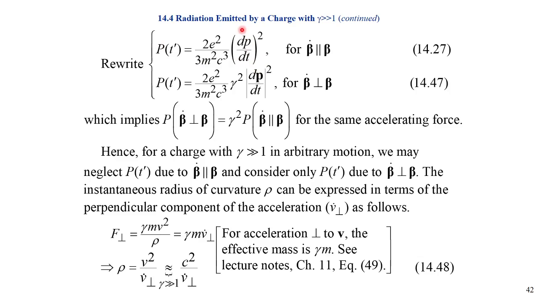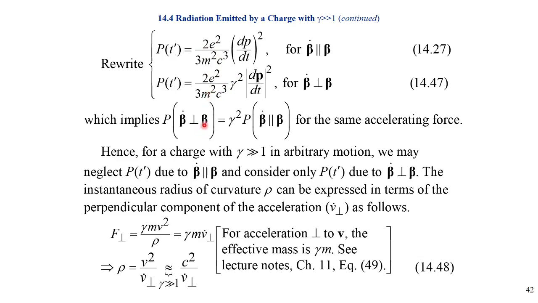It depends on the change of P. However, for equation 14.47, we know P from the viewpoint of the particle, we have a gamma squared. We have a gamma squared. And compare with this one.